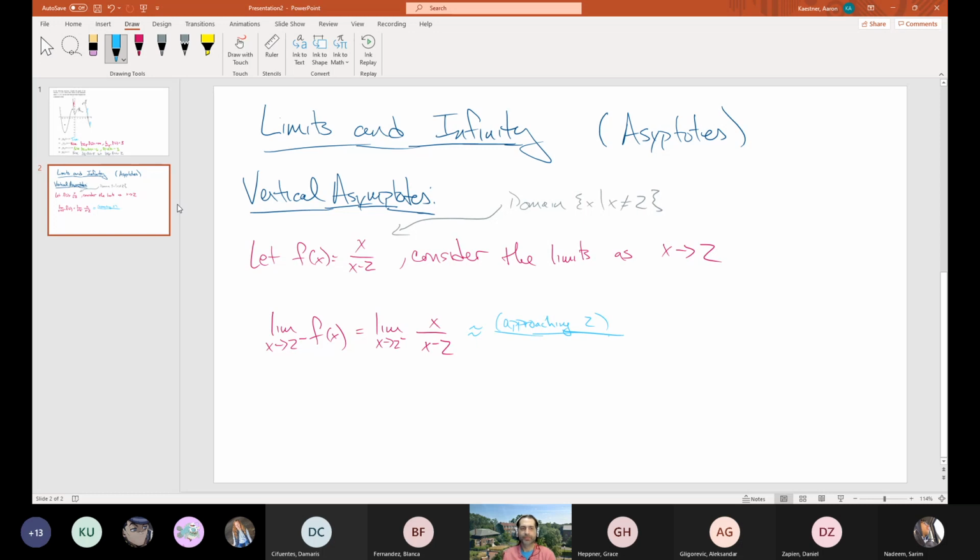Not so bad. The denominator, on the other hand, has a little bit of a different scenario. I'm approaching 2 from the left-hand side, so I'm plugging in numbers that are slightly smaller than 2. It's like 1.9, 1.999, 1.9999, numbers that are just a little bit less than 2. This is going to be approaching 0.